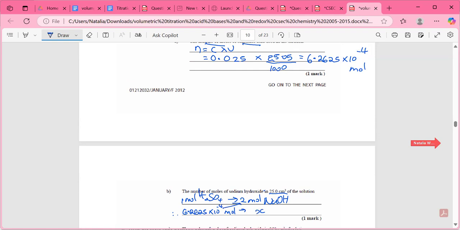Now I cross multiply. So 6.2625 times 10 to the negative 4 multiplied by 2 is equal to 1x. So I'll just multiply my answer by 2.